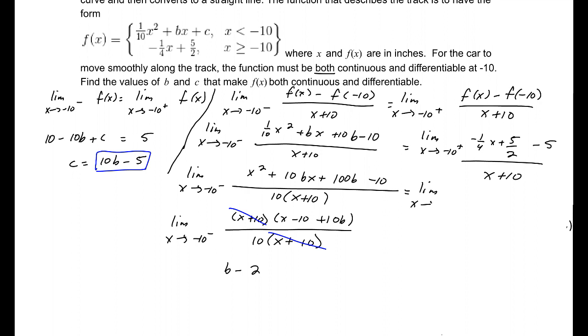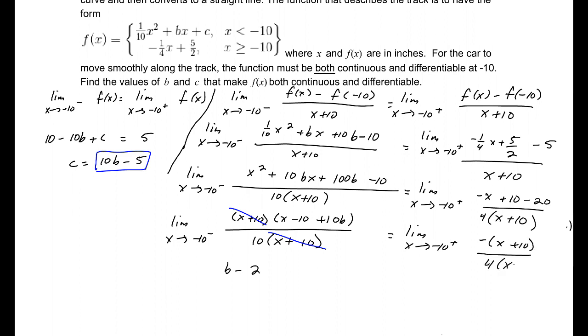Clearing our fractions, we get -x, multiply by 4 there, so plus 10 minus 20 over x plus 10. Oh, I need to multiply by 4 there. If I factor out a negative from the top part, that'll be x plus 10 over 4 times x plus 10, and you can see there that the limit is negative 1/4.